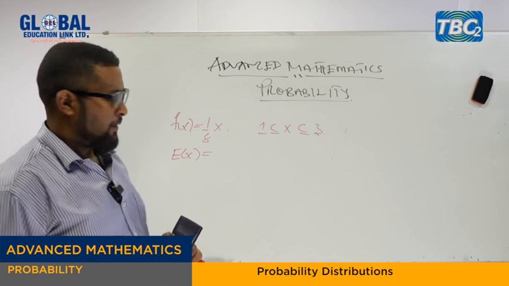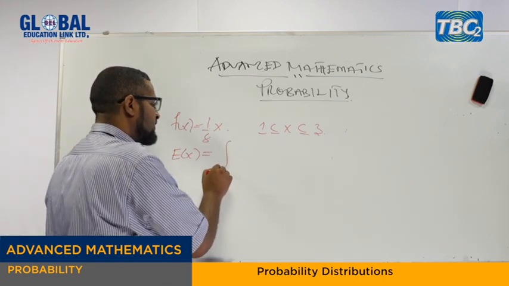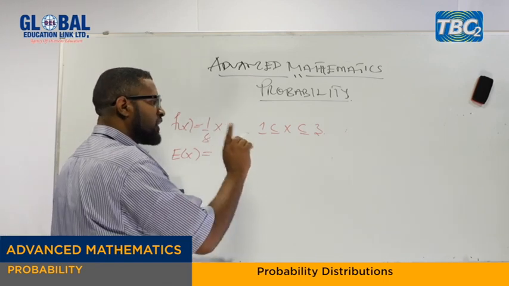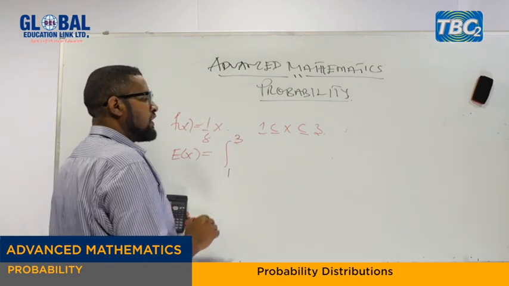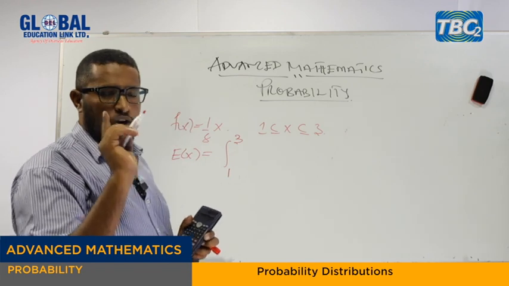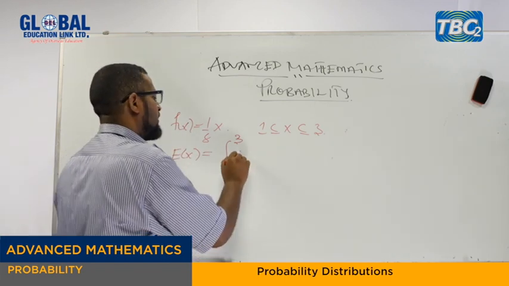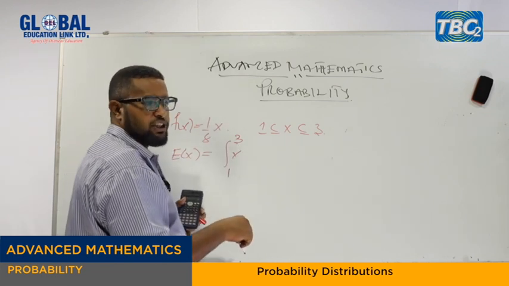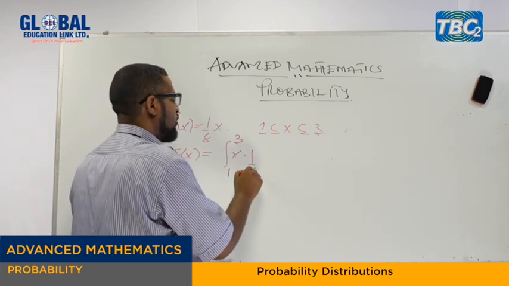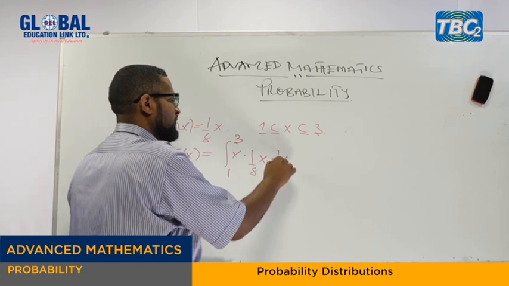But we have the formula. The formula is the integration from the given limit, let's say from 1 up to 3, of the function. But the formula contains x. So we have x, and this x is from the formula. Now we multiply with the function that we are given, 1 over 8x dx.